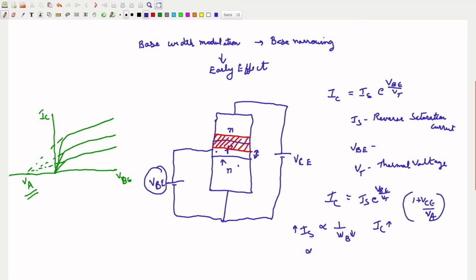And also alpha increases. If alpha increases, beta equal to alpha by 1 minus alpha also increases. So on base width modulation, the new beta dash is equal to beta into 1 plus VCE by VA.